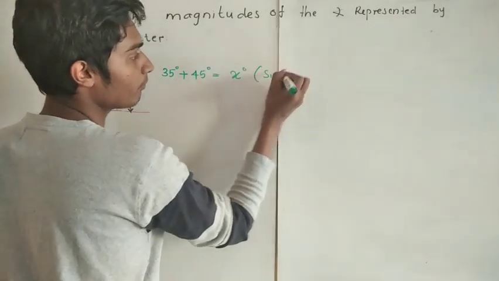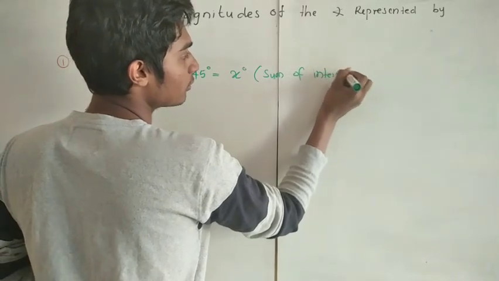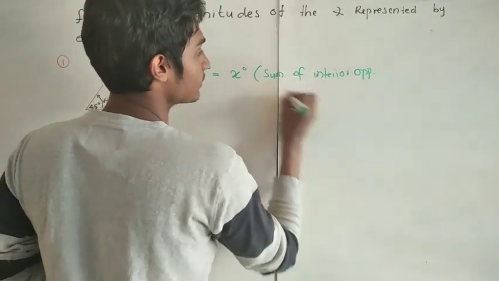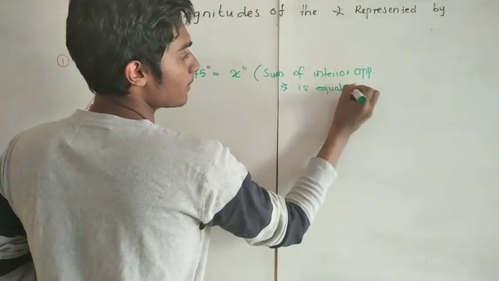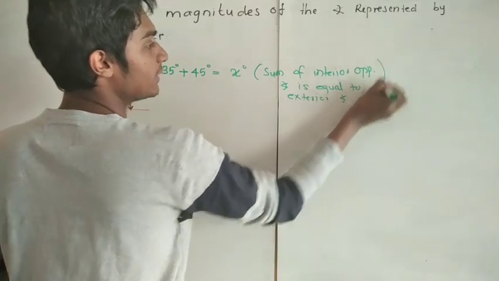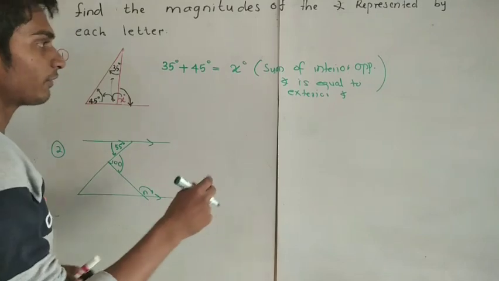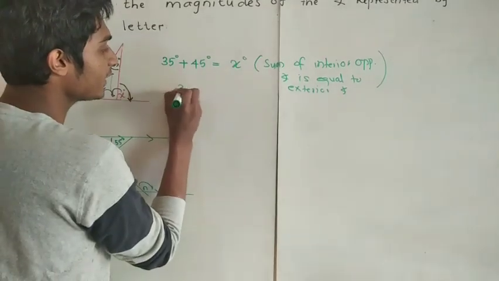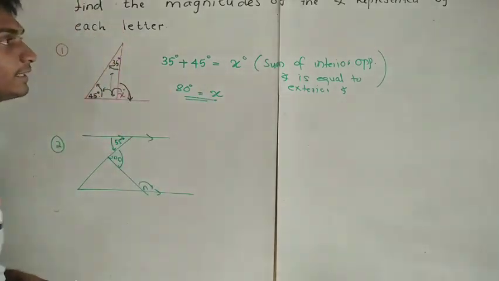Because the sum of interior opposite angles is equal to the exterior angle. This is the theorem, right? So now 35 plus 45 is equal to 80 degrees. Therefore, X is equal to 80 degrees. So that is the first sum.